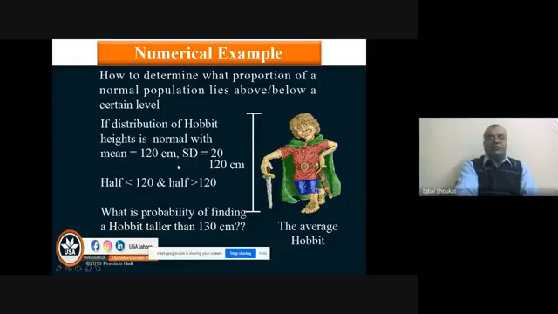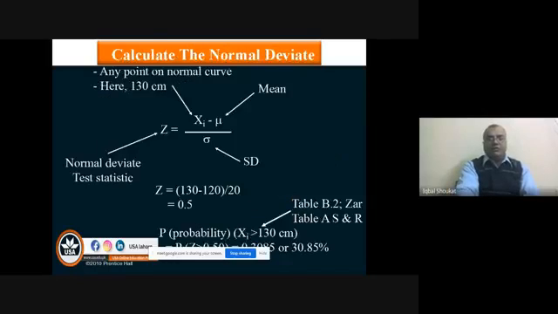Now we apply this information to the standard normal random variable z equals x minus mu over sigma. x is 130, the population mean is 120, and sigma is 20. So we insert the values: 130 minus 120 divided by 20. The result is 0.5.